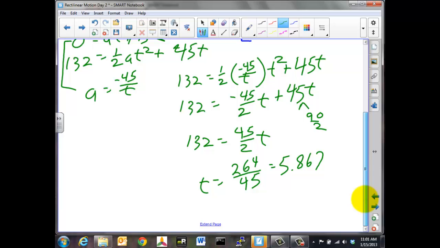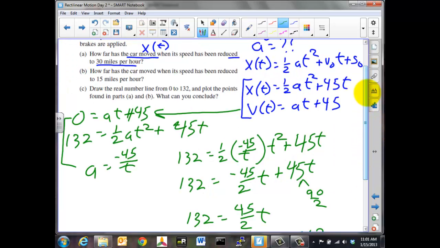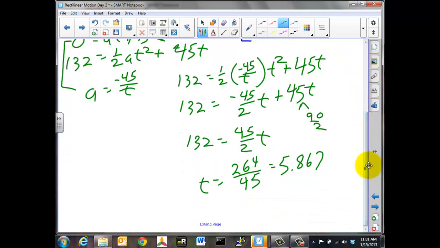Okay? Good. But it does give us a number to plug back in. Now that we've got our t, can't we figure out what acceleration is?